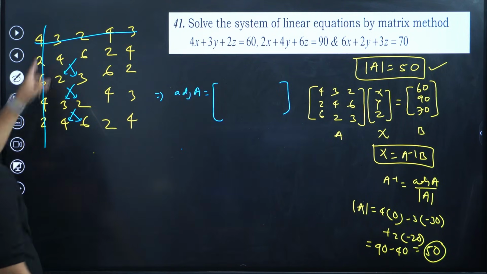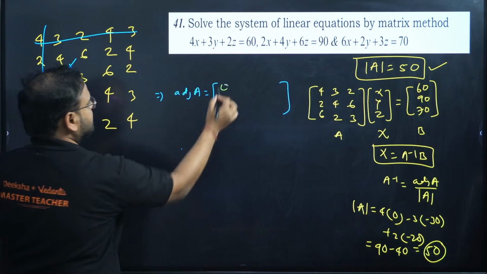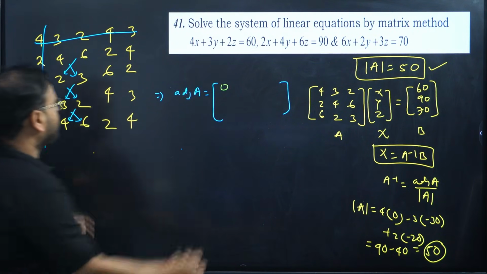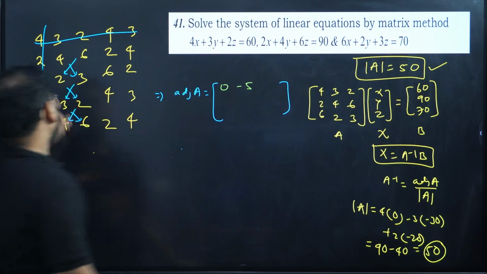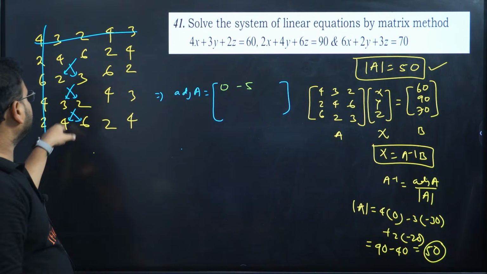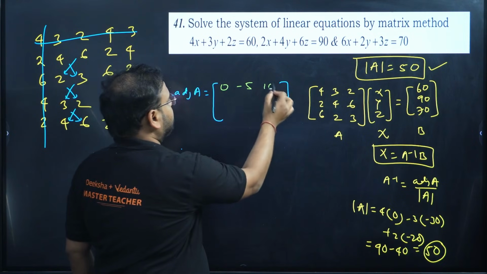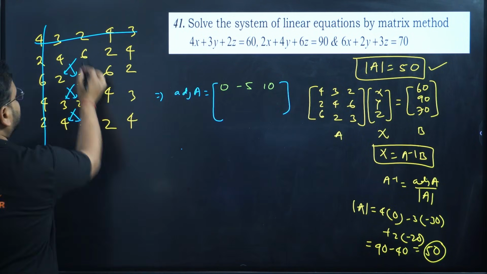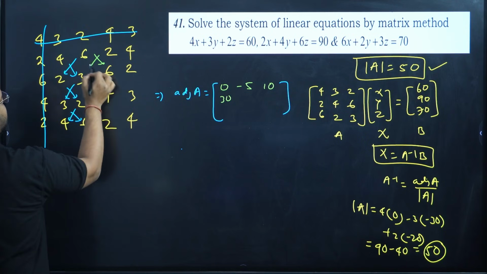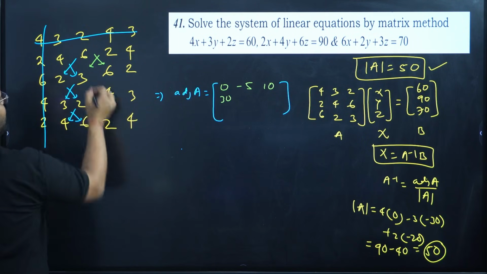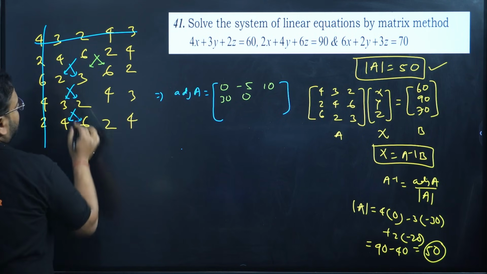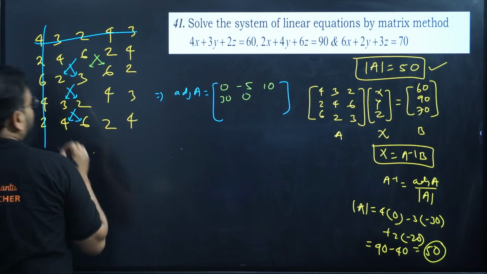Let's check. 12 minus 12, 0. 4 minus 9, minus 5. 18 minus 8, so 10. Same way 36 minus 6, so 30 in this one. 12 minus 12, 0. 4 minus 24, so minus 20.